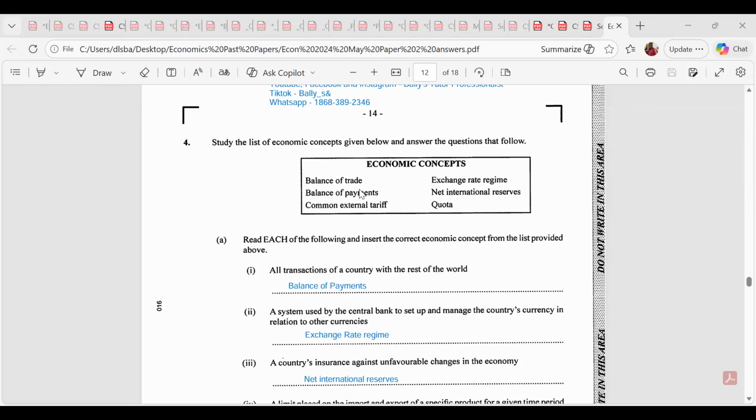So they had the different economic concepts like balance of trade, balance of payments, common external tariff, exchange rate regime, net international reserves, and quota. And we have to read the definitions and place the correct concept by the definition. We know balance of trade looks specifically at what type of goods again?